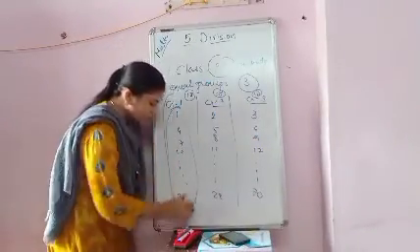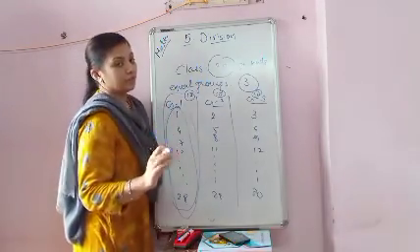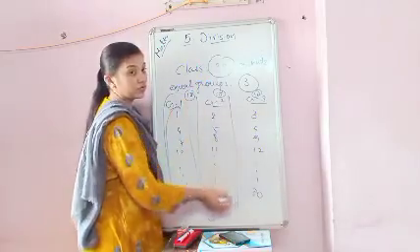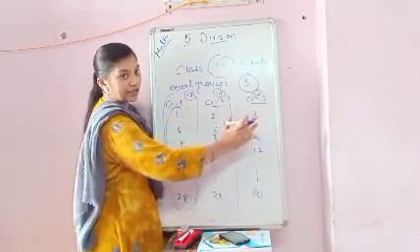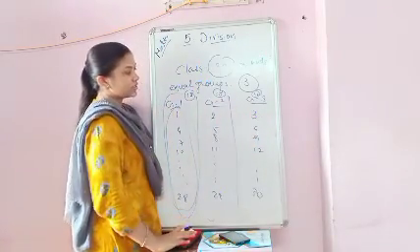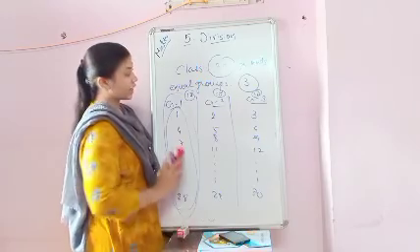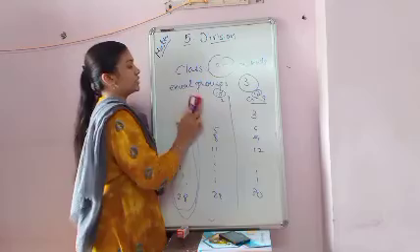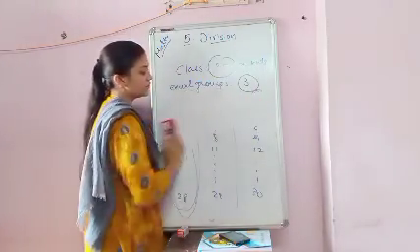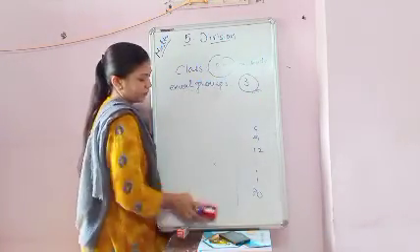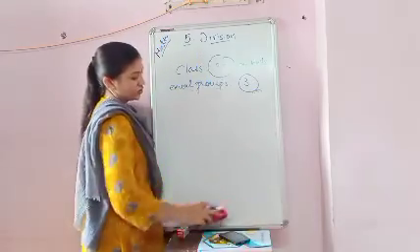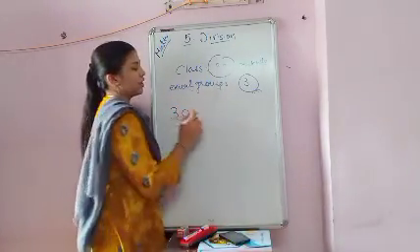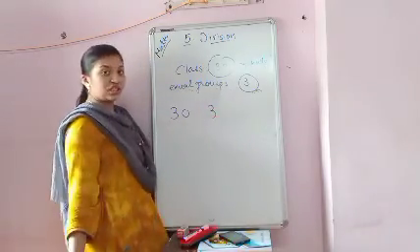Whenever you do this process, it will take time. You have to identify each student and then divide them into each group, right? So you have to save your time whenever you do this type of process. In this condition, you have to use division. So the total number of students is 30 and you have to divide them into the 3 groups.